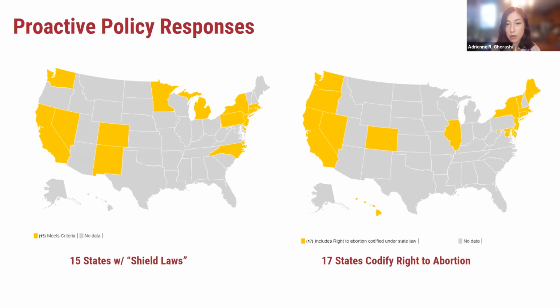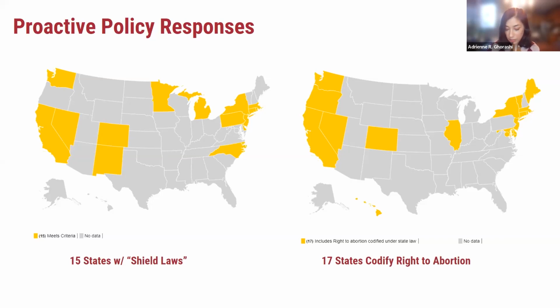On the other map, we see that states also had existing protections under Roe, and that of course increased under Dobbs as well, with states codifying the right to abortion. Because of what happened with all of the case law and Dobbs, we saw why it's so important, again, to codify these protections as well as to put them in state constitutions.